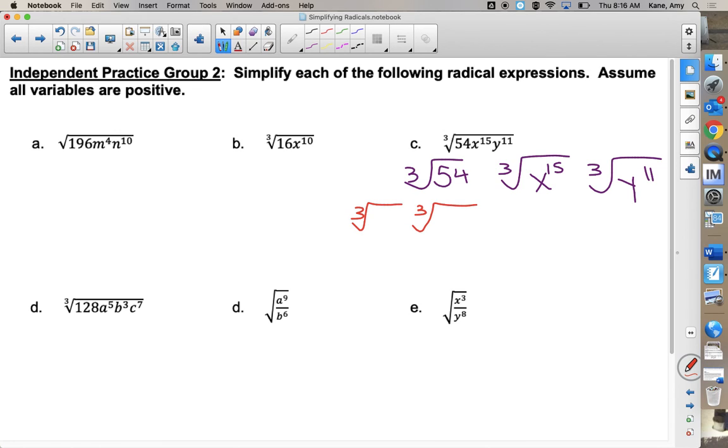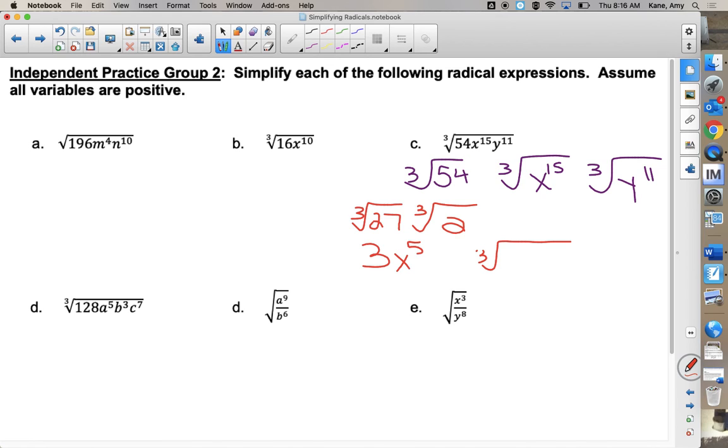Jack, what goes into 54? 9 and 27 and 2? Yeah, I just took it. And then the cube root of 27 is 3. Okay, so we've got a 3 there. And then Jack, 3 goes into 15 5 times.